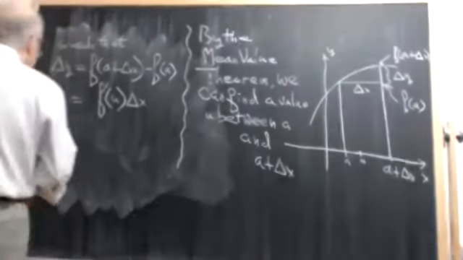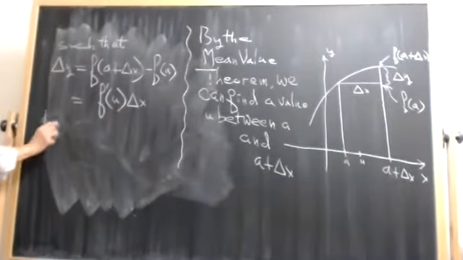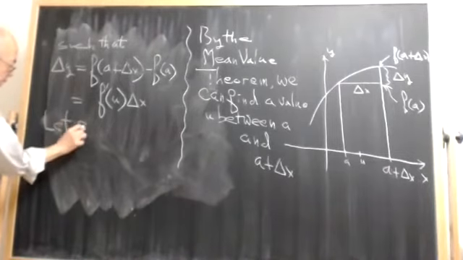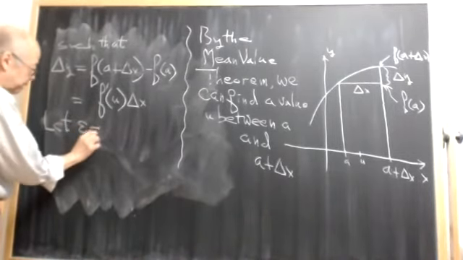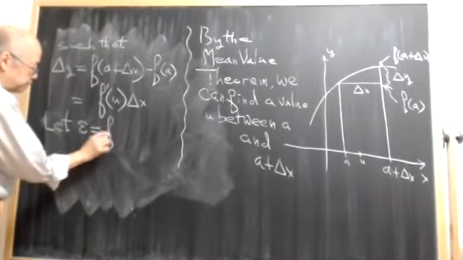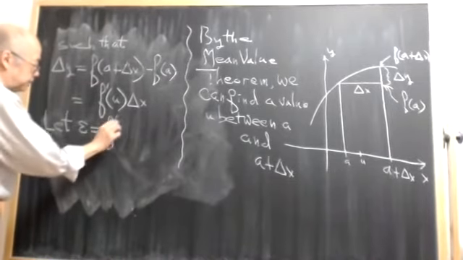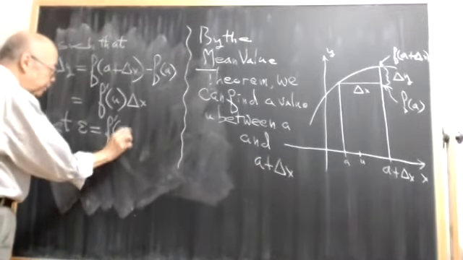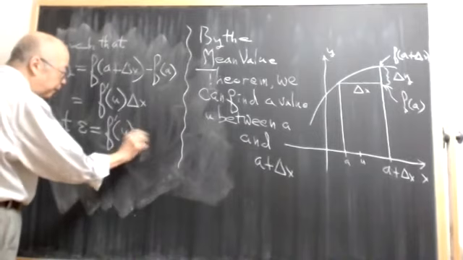So I am going to look at epsilon, which is f prime u minus f prime a.